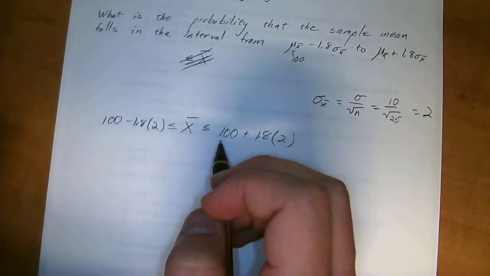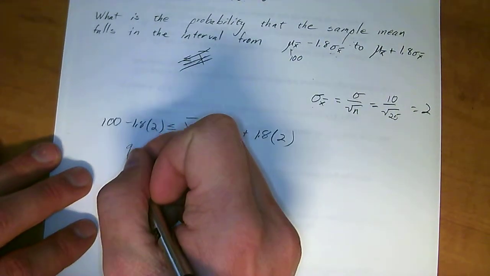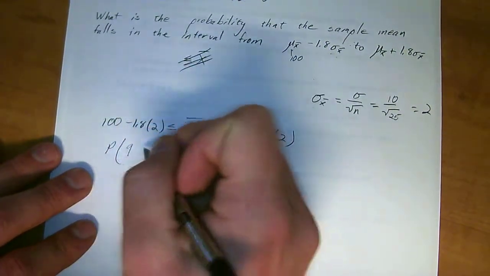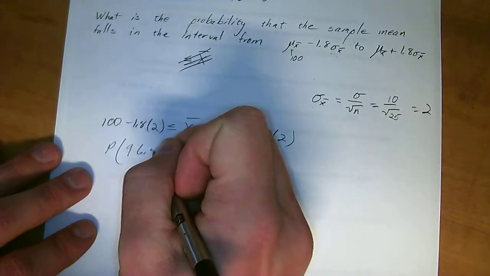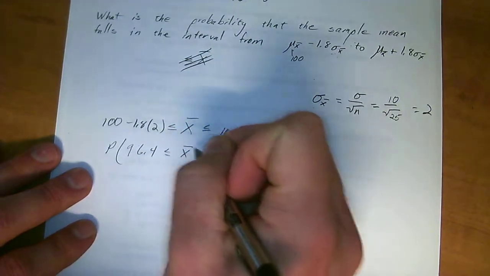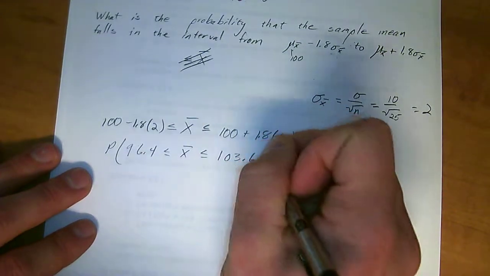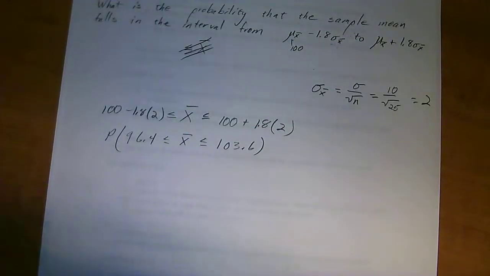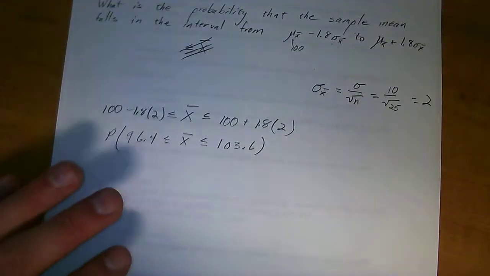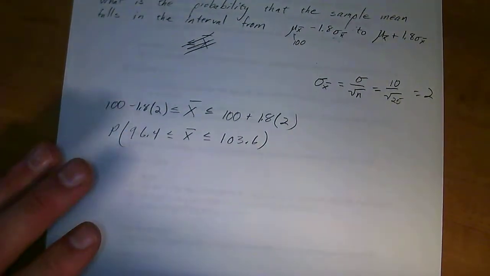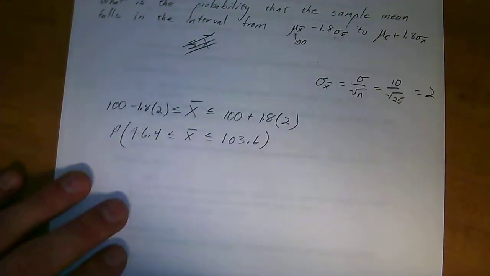Then you can solve this down. You're looking for the probability of 96.4 less than or equal to x bar less than or equal to 103.6.